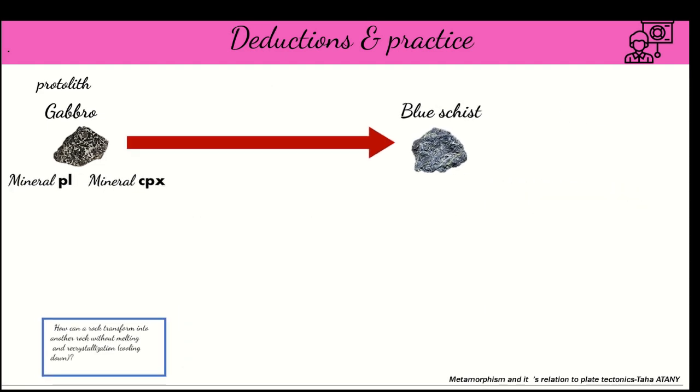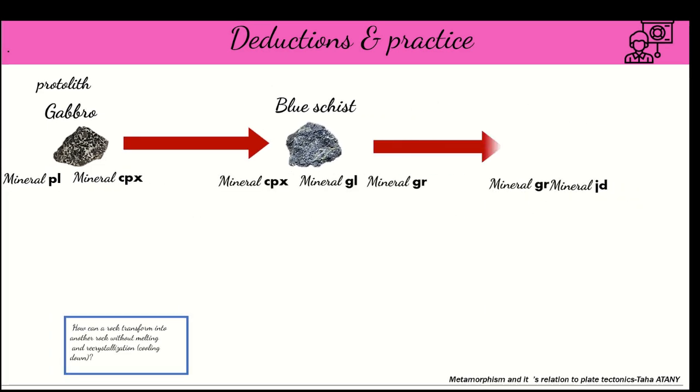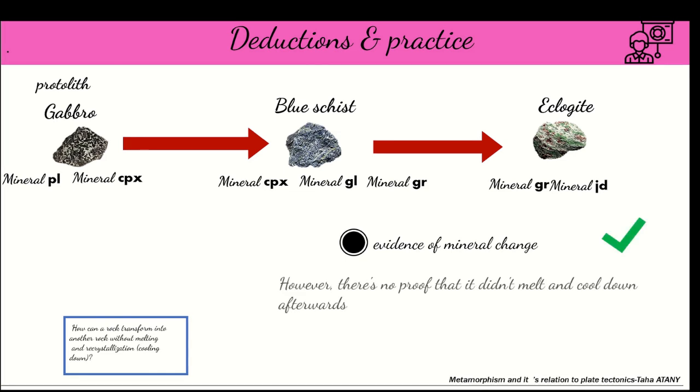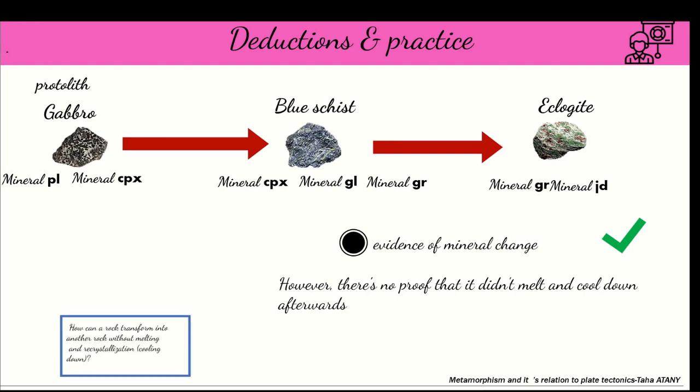So we have this diagram. Gabbro will turn into blue schist and will turn into eclogite. Here is our first bullet point. We made evidence of a mineral change. However, nothing says that blue schist and eclogite didn't melt, are not the result of a melting down. A change of minerals does not give us enough data to prove that there is no fusion and cooling down afterward.